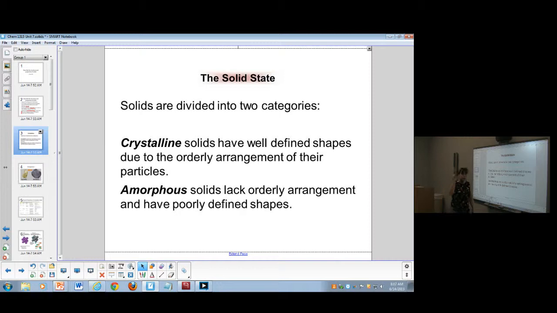So the solid state, there are 2 possible solid states. One of them is the crystalline solid, and that has a well-defined shape, and the particles are closely arranged. Compared to that, an amorphous solid doesn't have good orderly arrangements. It's more compact and more loosely defined.